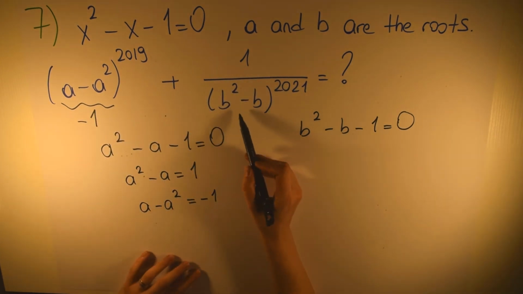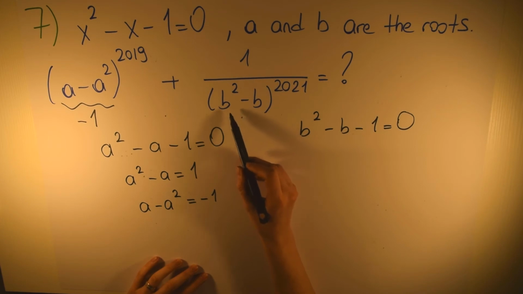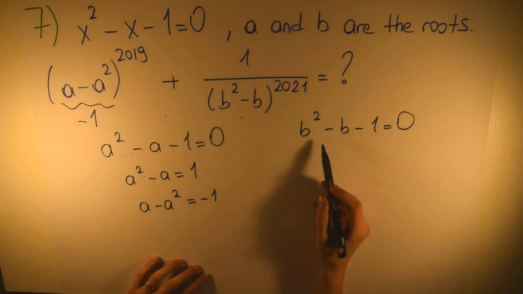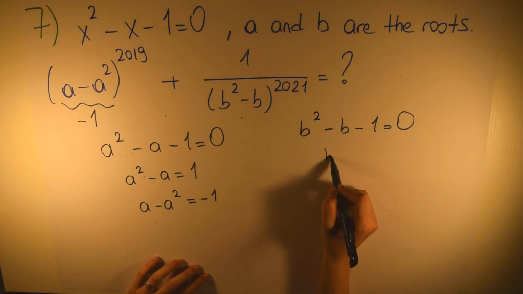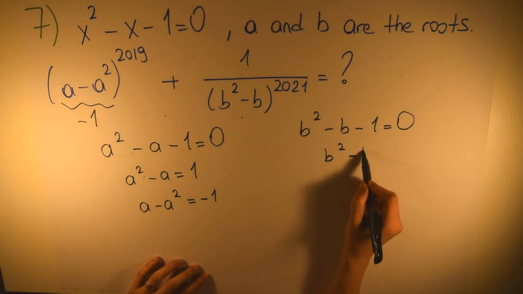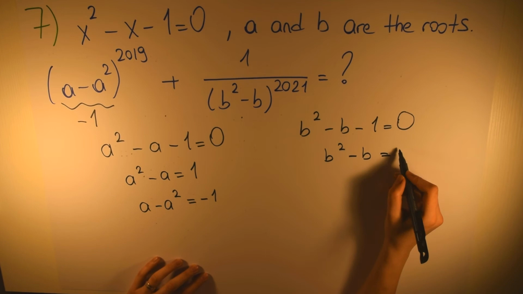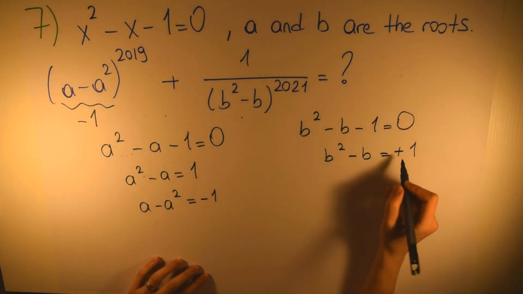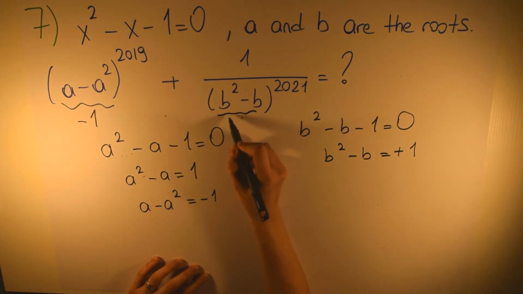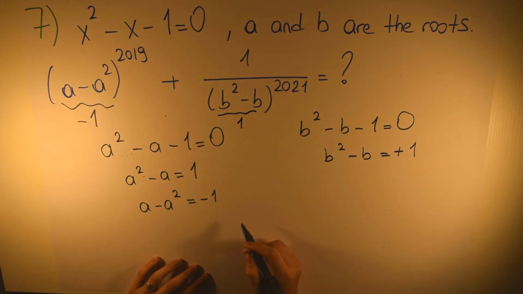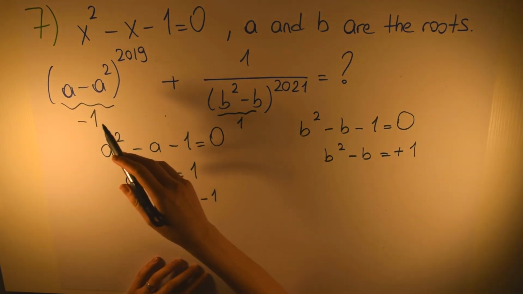So we will do the same thing for this expression. So I need to find b squared minus b, which I already have here. b squared minus b is equal to, when I put this minus 1 to the other side, it will become plus 1, right? So this is also equal to 1. So let's put them all in their places.